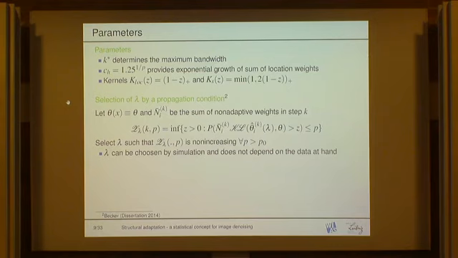The interesting point is that this parameter lambda can be chosen by simulation in a non-informative situation, and therefore does not depend on the actual parameter. It depends on the size of the design, let's say on the dimension of the problem.